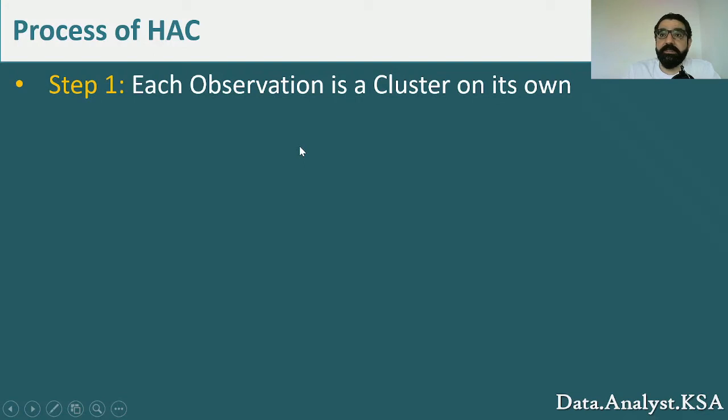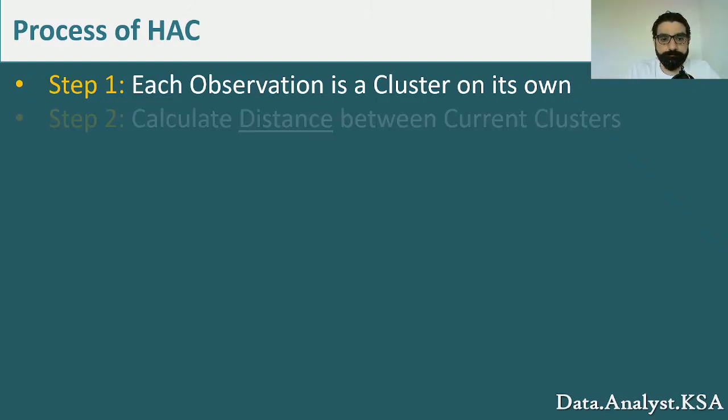So in HAC, think about a problem, let's say with 5 or 10 observations. Initially, every observation is its own cluster. So we're going to start from a bottom-up approach. We're going to look at every observation, and then we will start grouping the more similar to each other until all of our observations end up in one cluster.